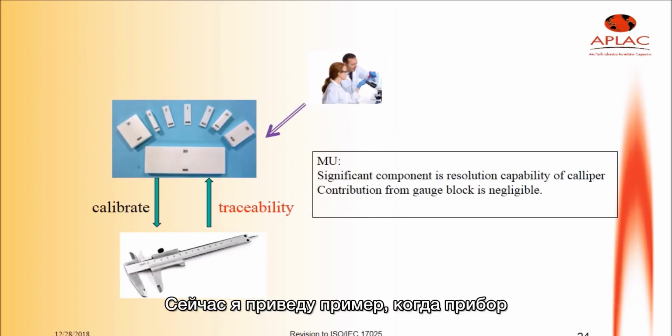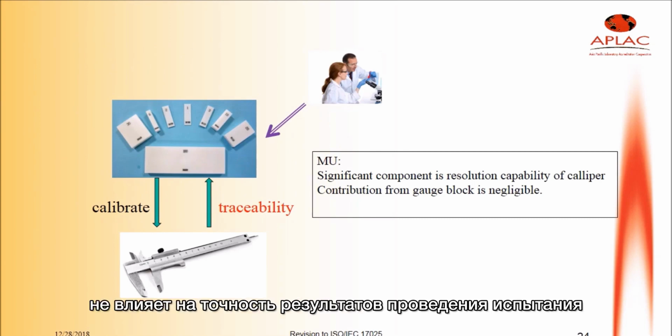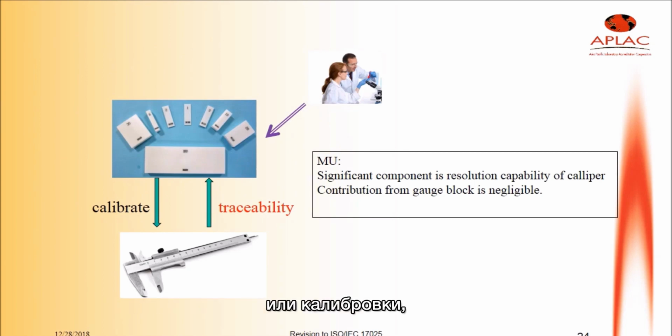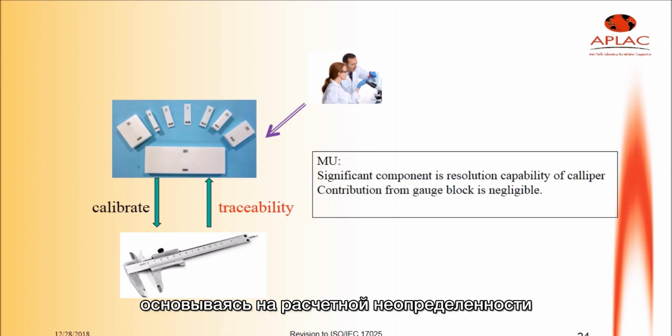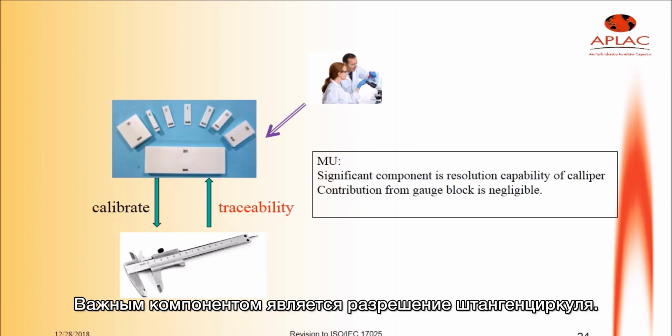Here I give you an example. An instrument that doesn't affect the accuracy of the testing or calibration result still needs to be calibrated. We use a gauge block to calibrate a caliper. Based on the evaluated measurement uncertainty of the calibration result, the significant component is the resolution of the caliper.